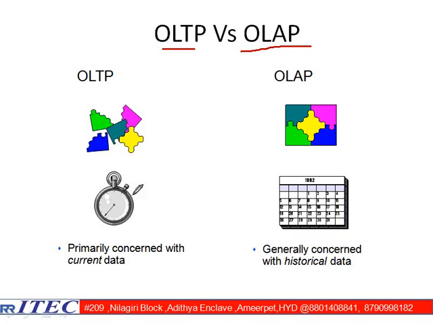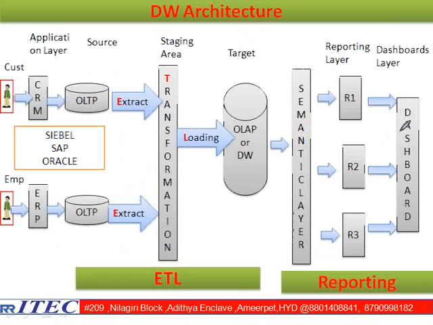If you want to know something extra, you need to go for a calendar. Something is concerned with historical data, and something with current data. So OLTP is always concerned with current data and OLAP is always concerned with historical data. Symbolically, this is a watch, and that is a calendar. Next one. It's a beautiful diagram. Please observe the diagram.